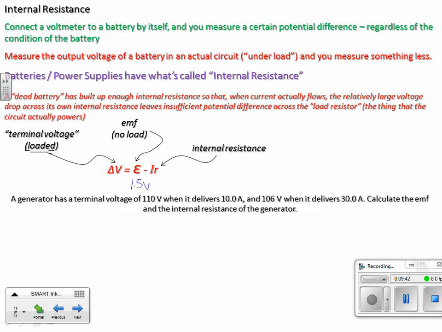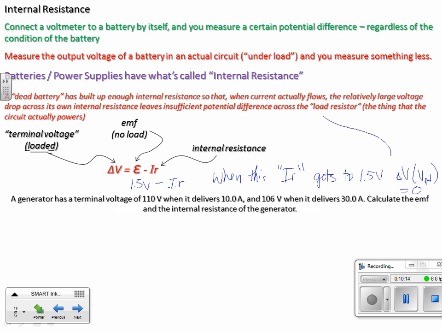Hey, this battery is a 1.5 volt battery. Sure it is, except, if we actually make it run some current, based on how much resistance has built up in it, well, sometimes when this IR gets to 1.5 volts, then that means delta V, the terminal potential difference, is going to be 0.